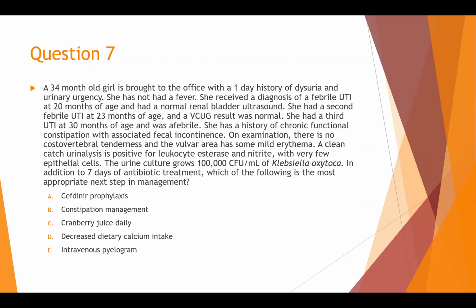On exam, she doesn't have any CVA tenderness. The vulvar area has some mild erythema. A clean catch, positive for LE, nitrite, and few epithelial cells. It grows 100,000 of Klebsiella in addition to 7 days of antibiotics. Which is the most appropriate next step?